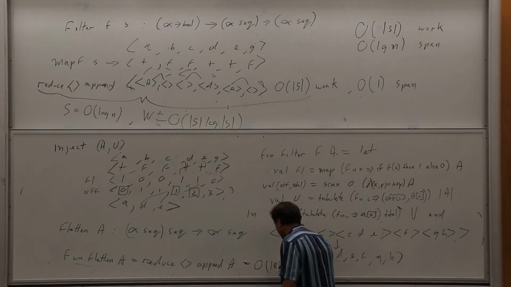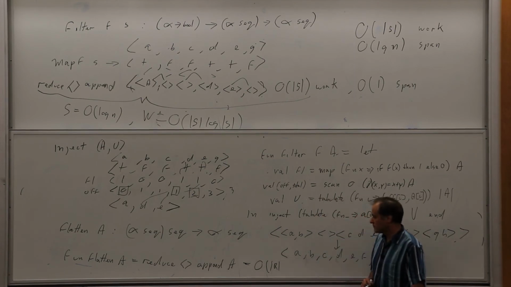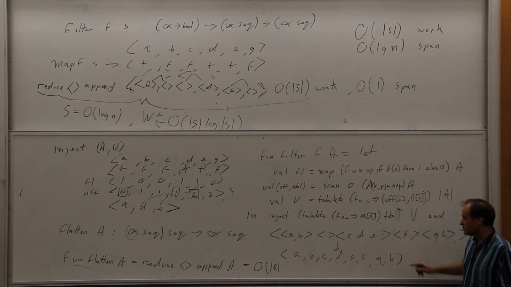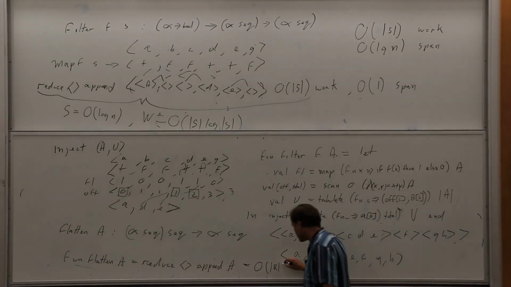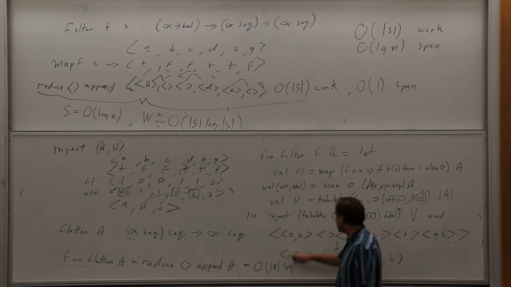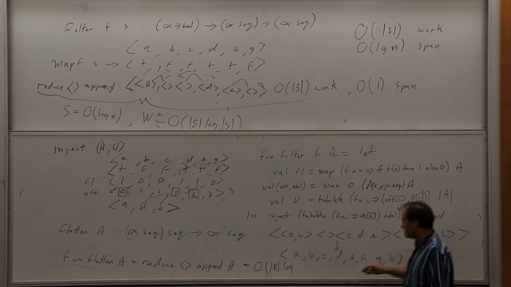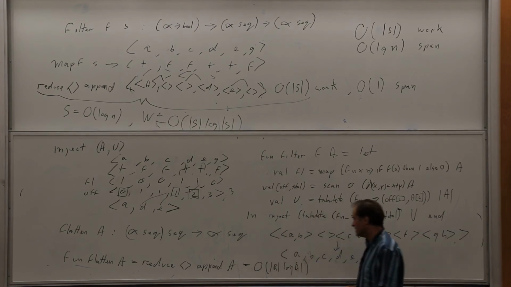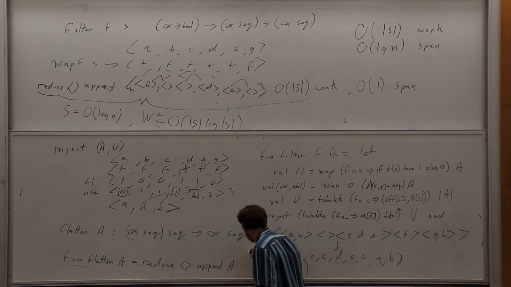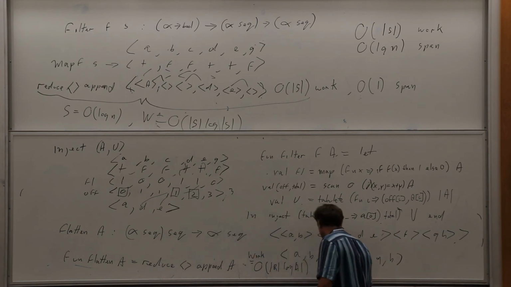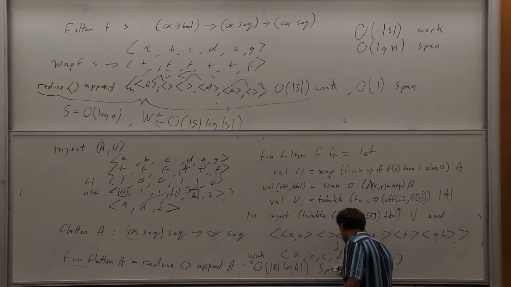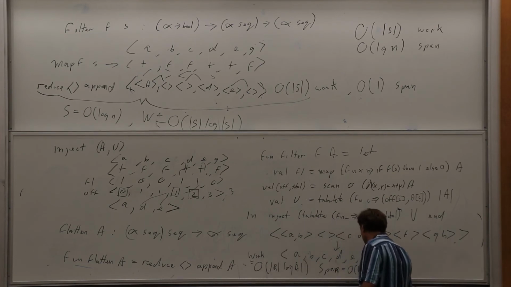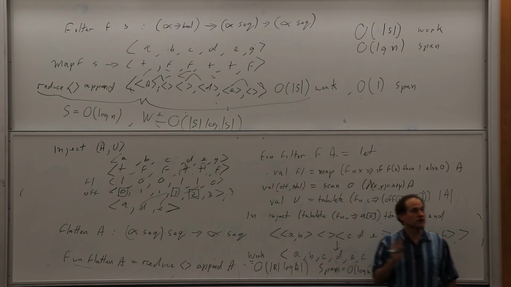So this is going to give us something that's order, let's say R is the result. So it's the size of the result, because we care about the total number of elements, times log, and it's actually log of the size of my input. So log of the size of A is going to be the work. And the span is going to be order log n, for the same reason as we argued up there.